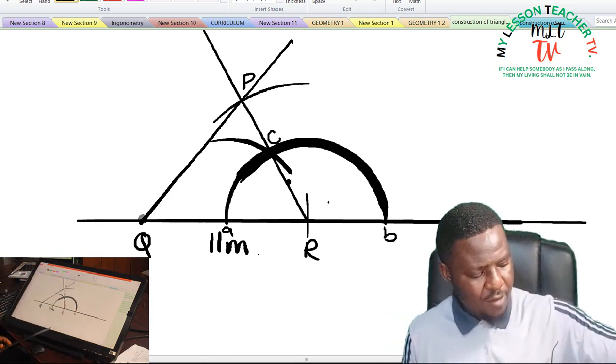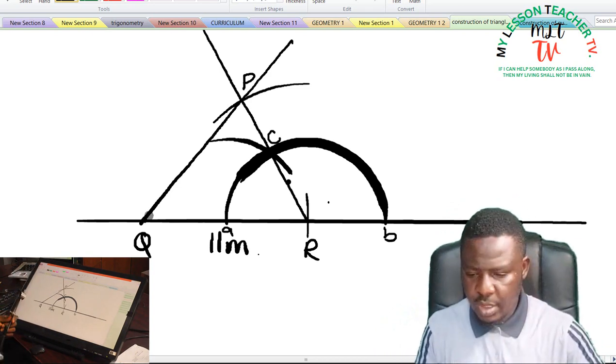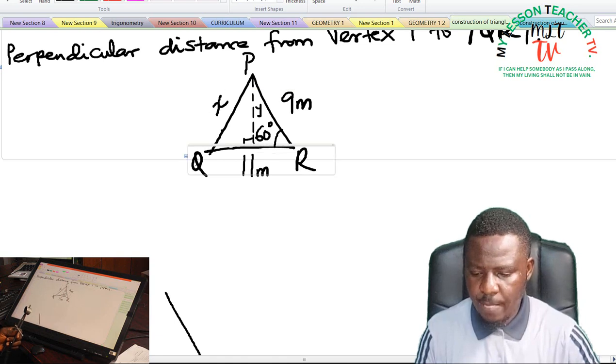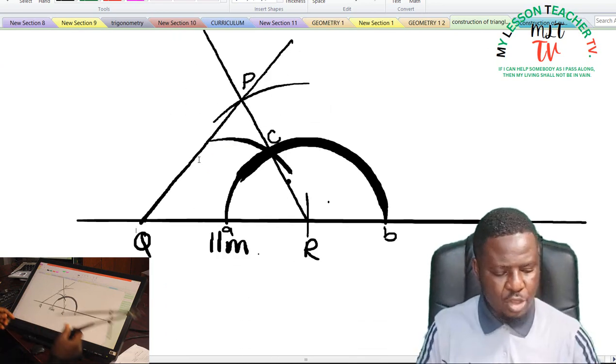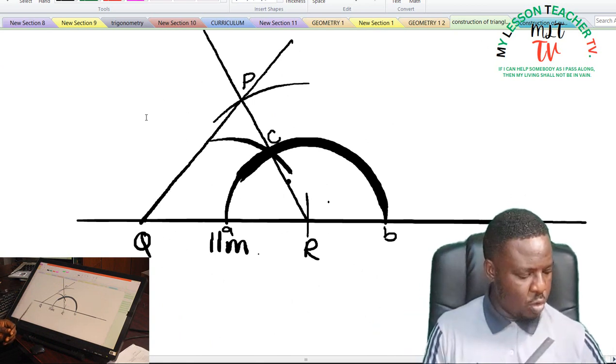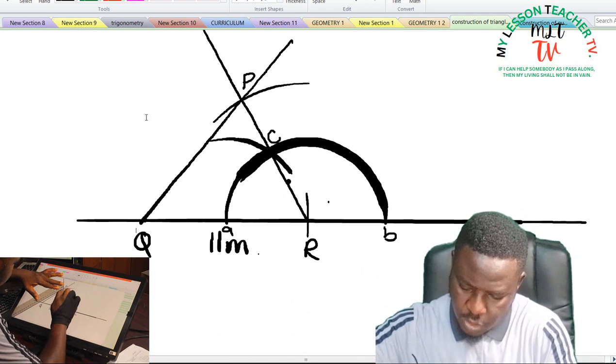Now, I have been able to construct this. So we have to measure line PQ, and PQ is given to be X. So you can either use your divider to get it, or you use your ruler to measure that point.